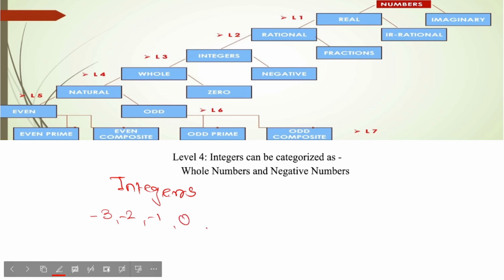It can be 0, or it can be any positive number like 56 or 97. So integers comprise the complete range from negative, 0, and positive, and that is the reason we have divided integers into two parts, which is 0 as a separate part and natural numbers as another part.